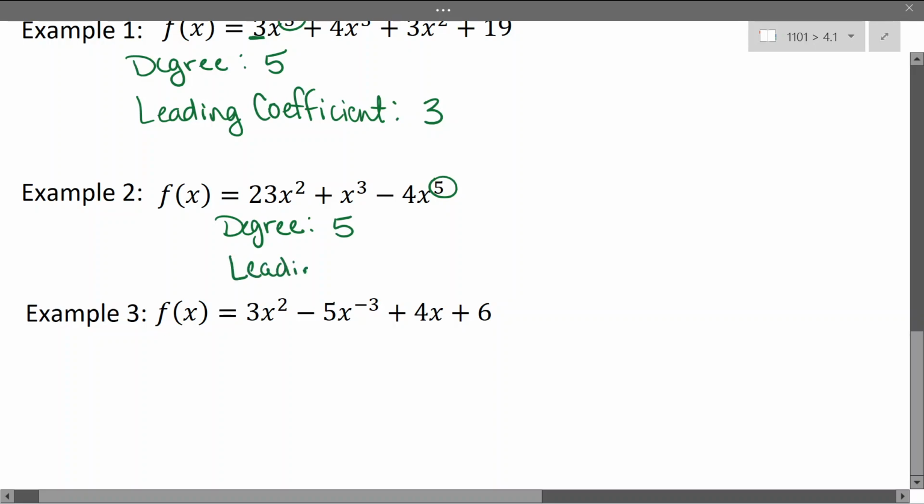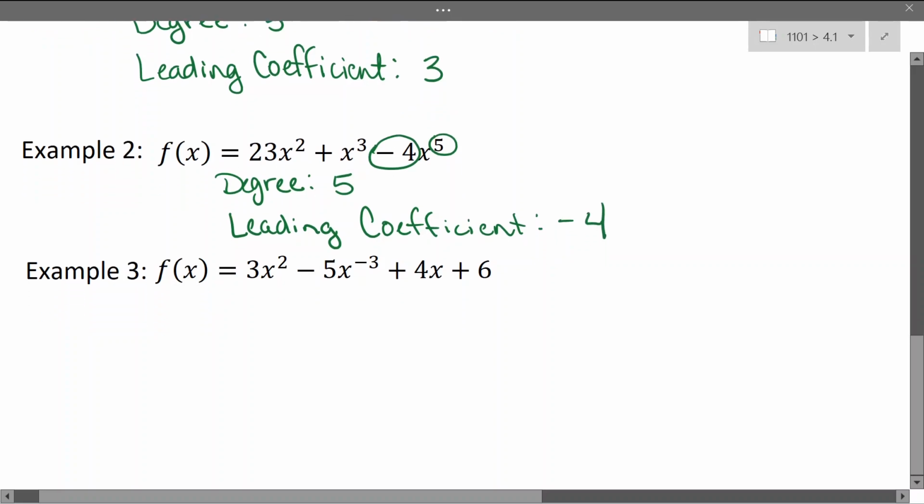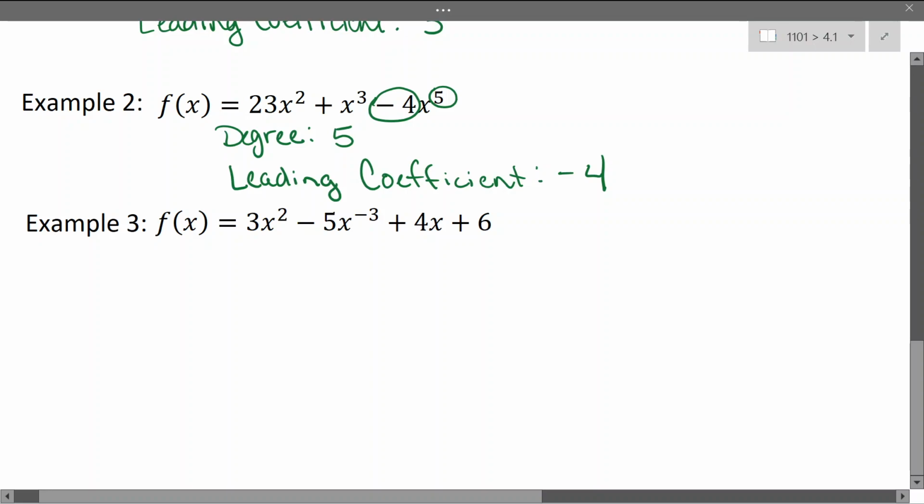So what is our leading coefficient? Our leading coefficient is the coefficient with the x that has the highest power. So our leading coefficient is going to be negative 4. Finally, let's look at our third example.